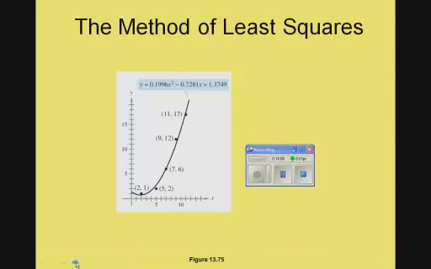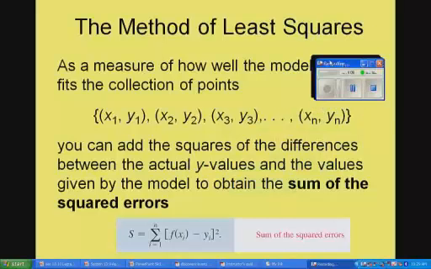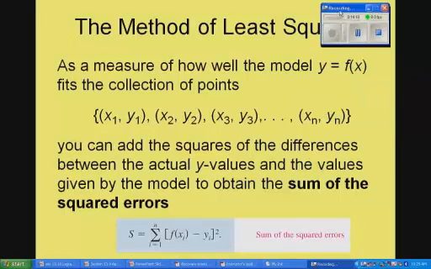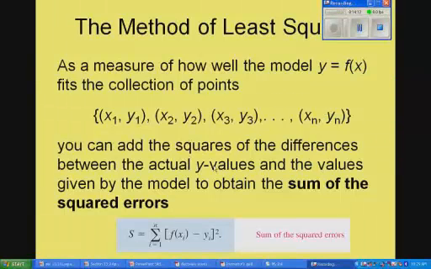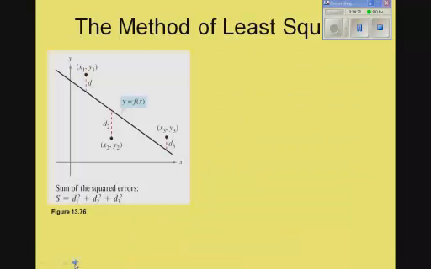So when you are trying to measure how well the model does, what you do is you add the squares of the differences between the actual y values and the values given by the model. I should show you on the picture what we're talking about, so let's go to the picture and then we'll come back to the equation.